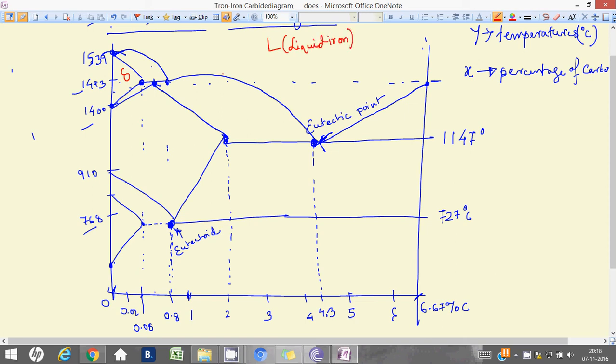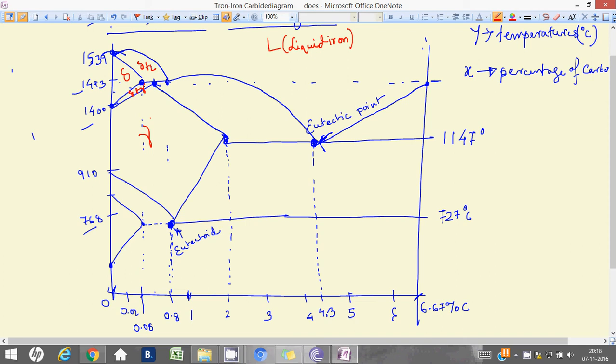This is delta plus L. See, as the temperature is moving up, we will have the solid iron turning into liquid iron. So this portion is delta plus L. This portion is delta plus gamma, because this entire portion is gamma.